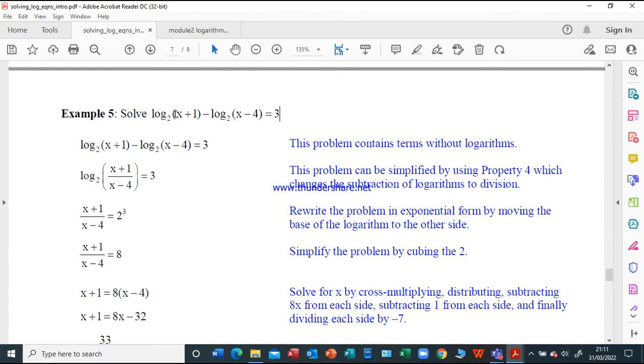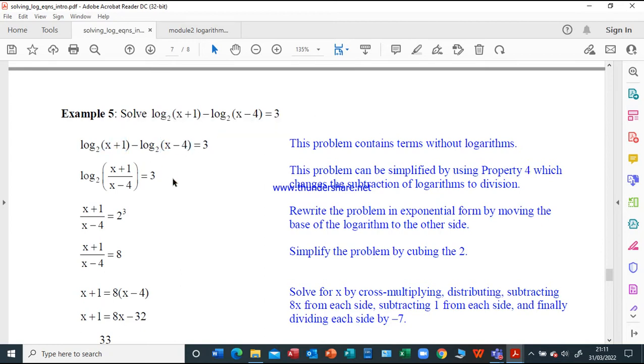Okay, so in that case we come to step 2. So here you are subtracting logs. Apply the principle of the rules that we have. When you're subtracting logs, it means you're dividing the numbers. So which numbers are you dividing? You are dividing x plus 1 and x minus 4.